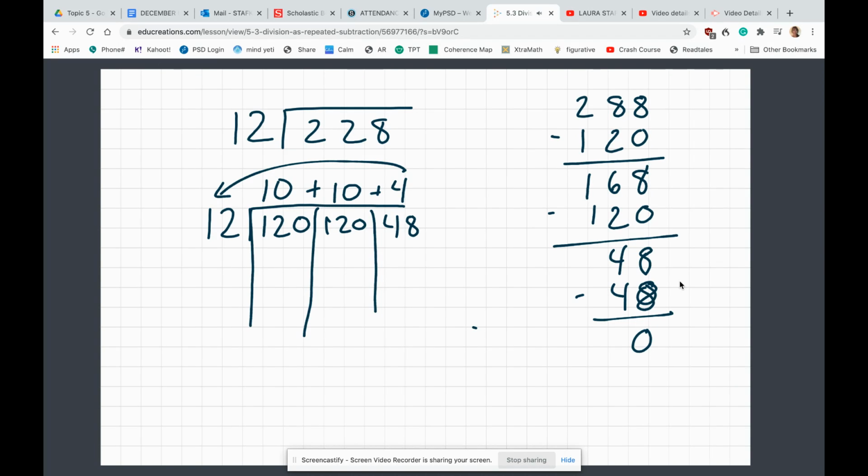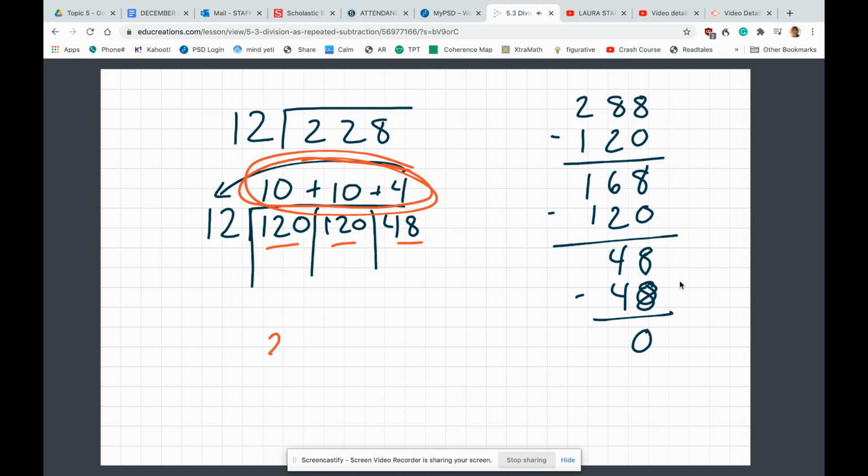Okay, so now we're going to take a look at this and decide where in the world our answer is. Remember, we are trying to figure out how many groups of 12 we can make out of 288. And so I'm going to take these numbers up here, these are the groups that I took out, and I'm going to add these numbers together. So 10 plus 10 is 20 plus 4.